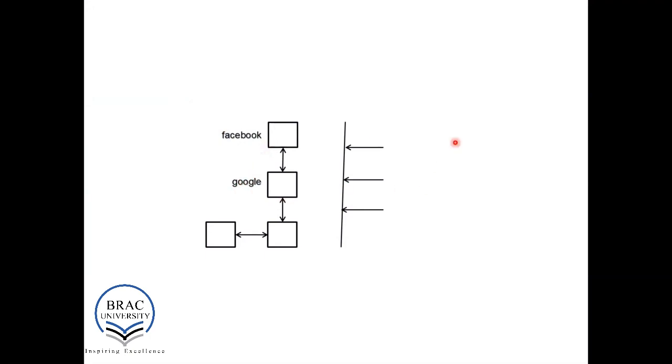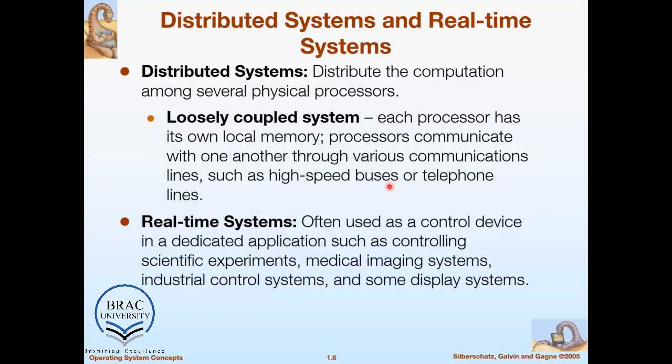The problem is that serving all the requests at the same time with a single machine would be impossible. We cannot build one big machine that can serve all the requests that come from all over the world. The idea of distributed systems is that we distribute the load among many interconnected separate computers which communicate with each other.